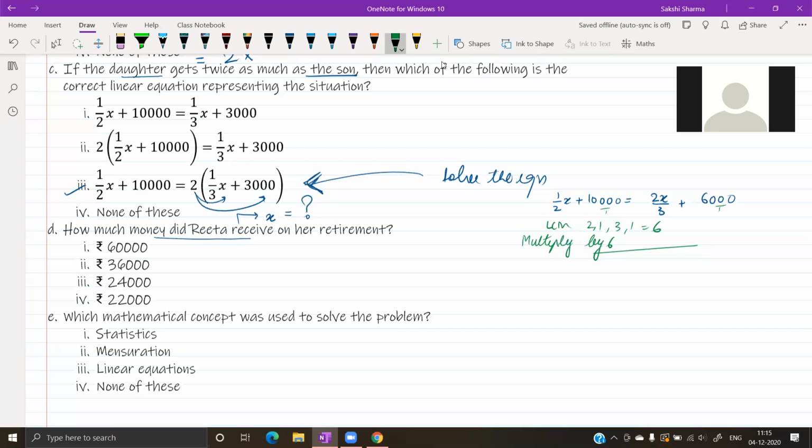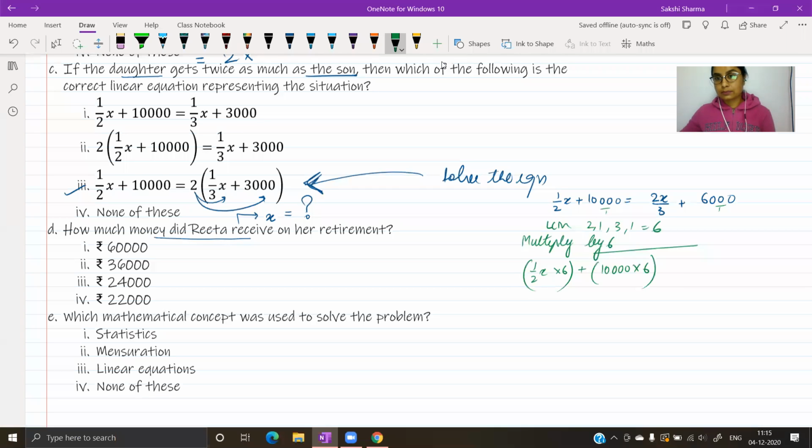Let's see if anyone else has solved. Anyone else who has solved this?